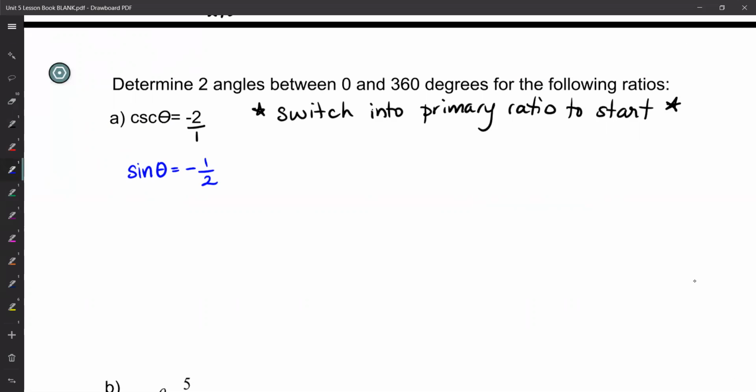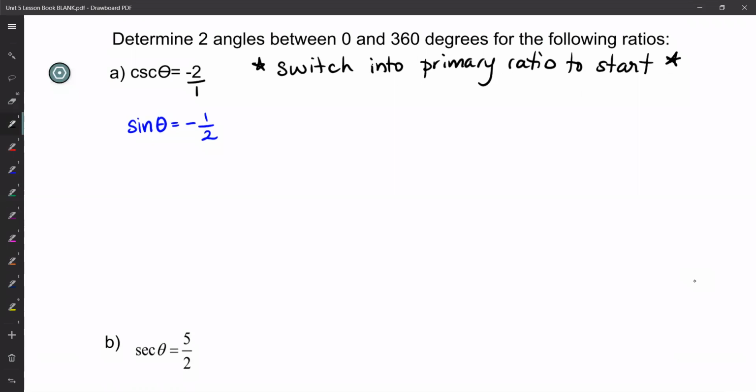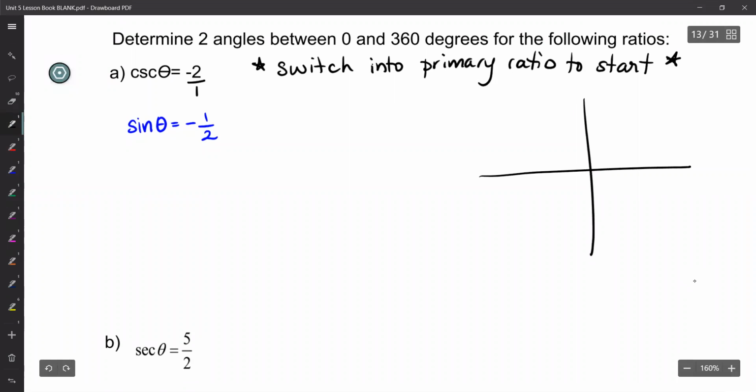Now I'm going to solve this the exact same way that I always solve. I'm going to draw my quadrant grid. And I'm going to place my angles for theta in the quadrants where sine gives out a negative answer. And we're going to do that by using the cast rule.